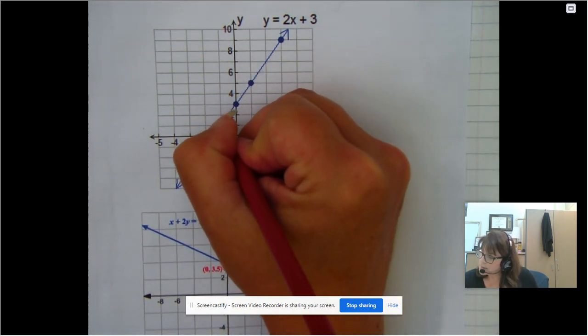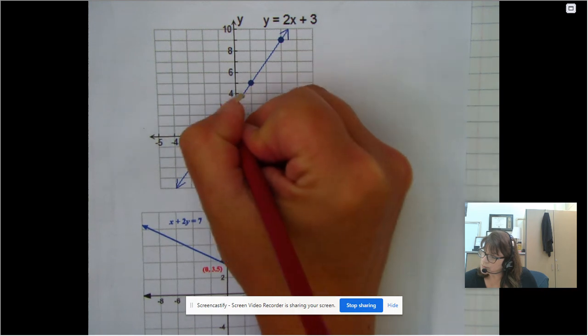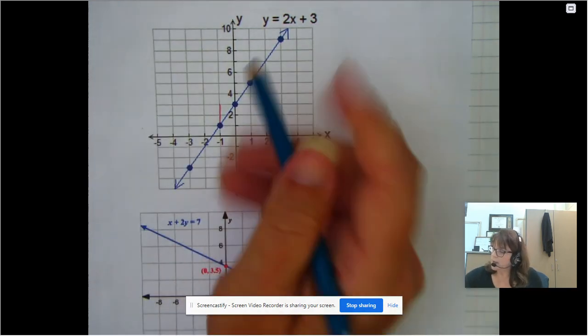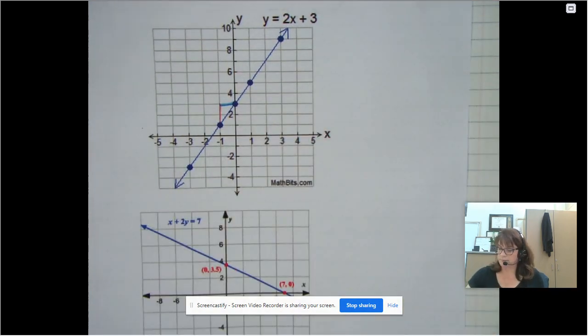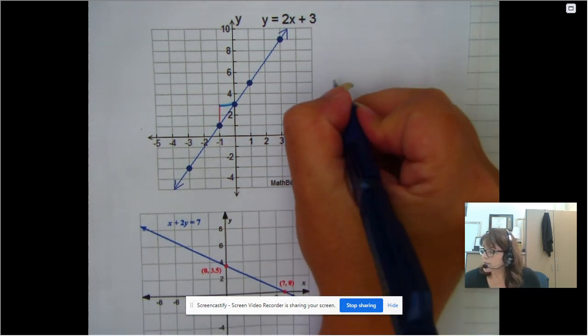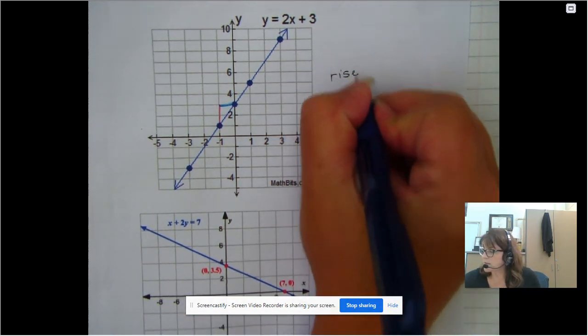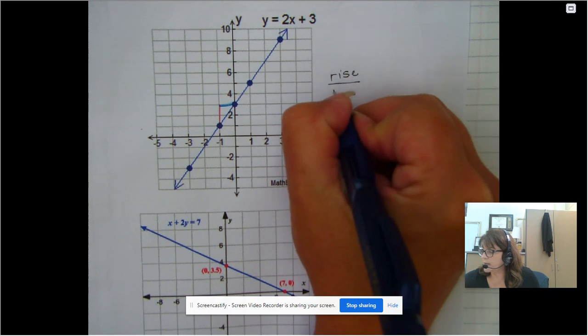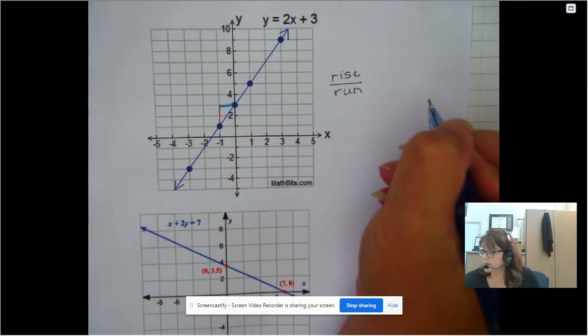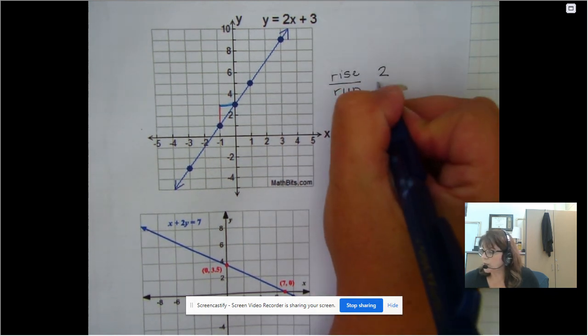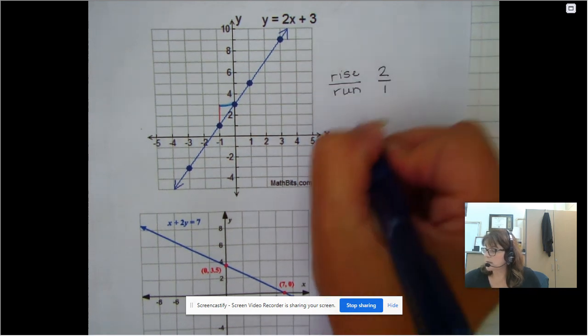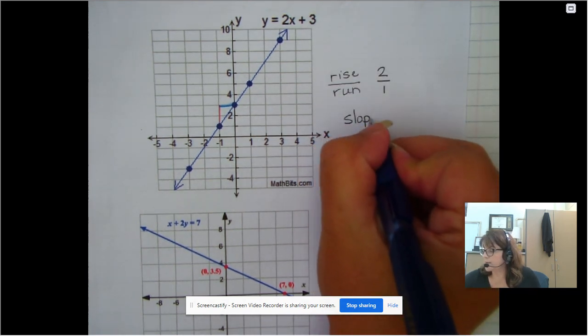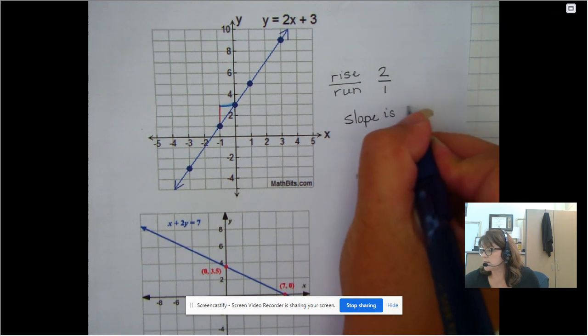So on this one, between the dots, I rise 2 and I run 1. So if it's rise over run, I'm rising 2, running 1. Slope is 2.